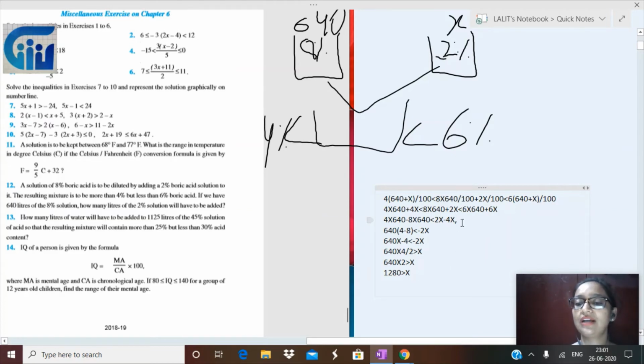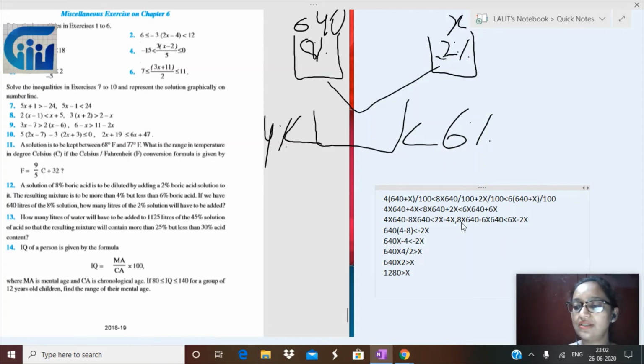So solving the other part of the inequality, let's see what we will get if we solve it the same way. We'll just write 8 into 640 minus 6 into 640, strictly less than 6x minus 2x, right? So the central part will go to both the sides.